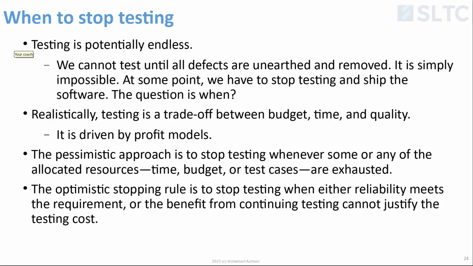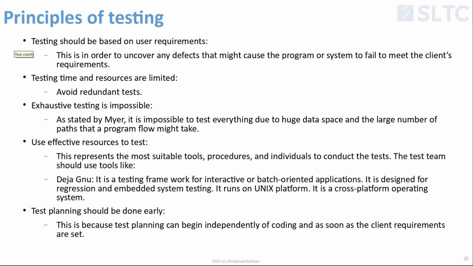So how are you stopping? That's what we're talking about here. The optimistic stopping rule is to stop testing when reliability meets the requirement, meaning we say our software should work without crashing for 10 days heavily. If you achieve that, then it's okay with the client. Then when you have another bug, maybe you will fix it later.